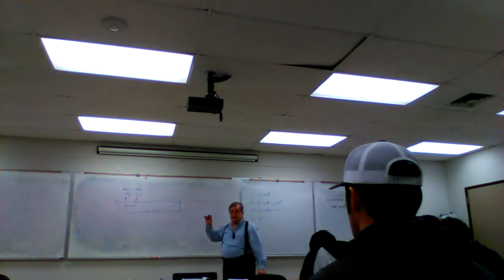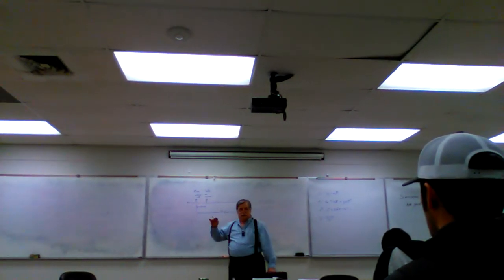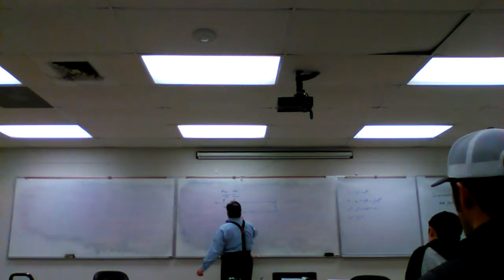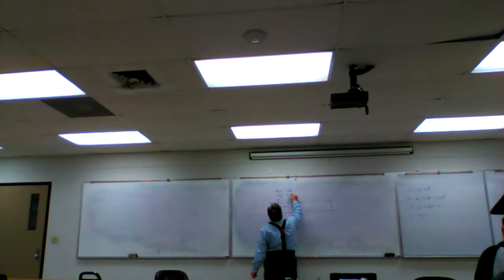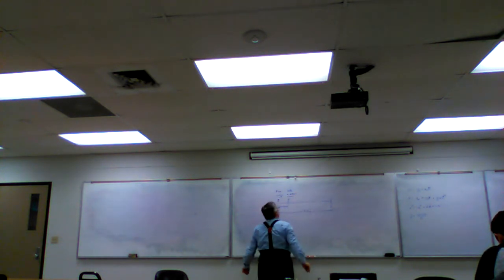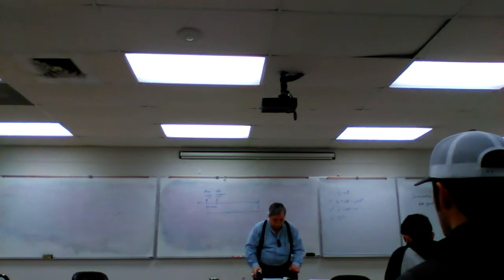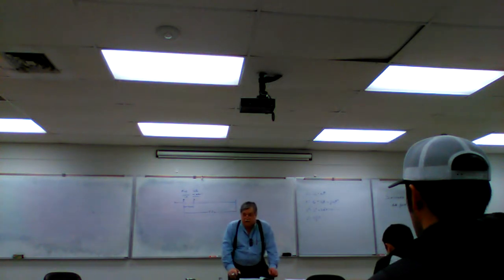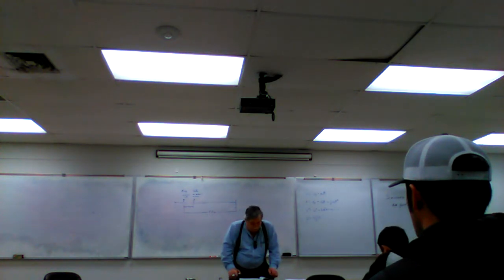It says she's decelerating. She's accelerating down. She's slowing down. So we make it a negative. It's 0.4, right? 0.4 meters per second squared. And she decelerates at that constant rate all the way to the finish line.